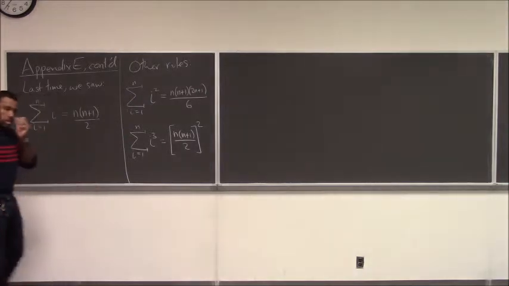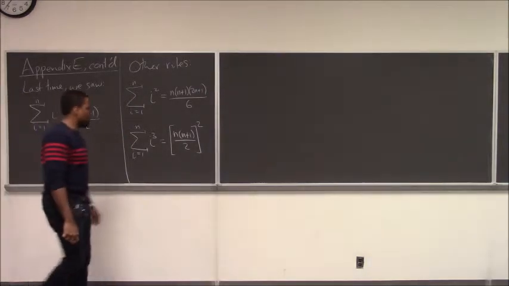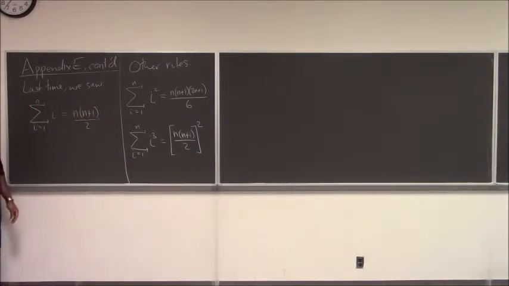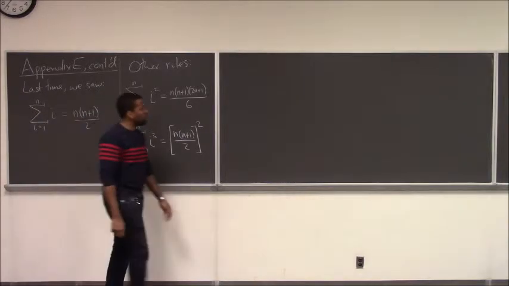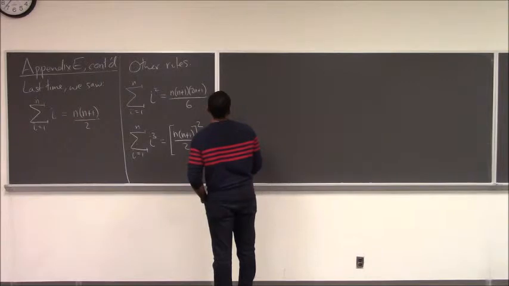Okay. So these are some forms we should know. These are kind of harder to derive, so I'm not going to do them. Some other rules I want to give you, though, that are pretty obvious.